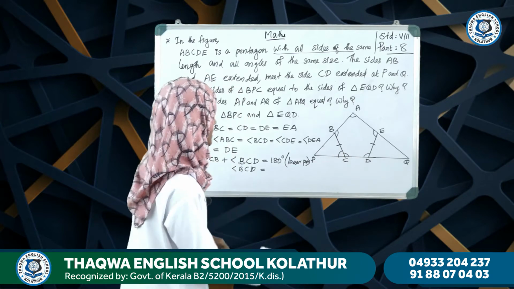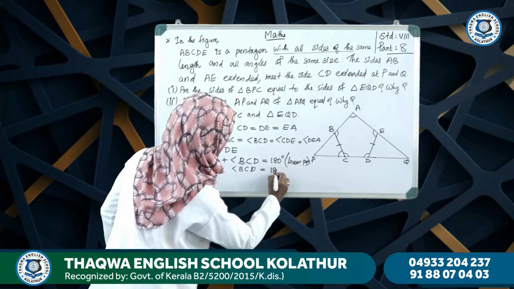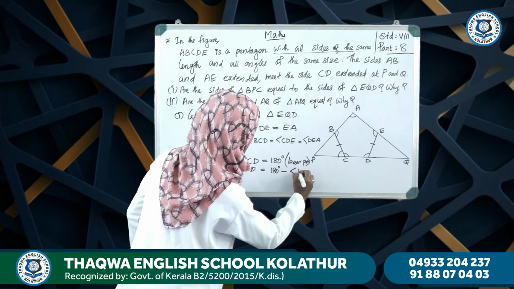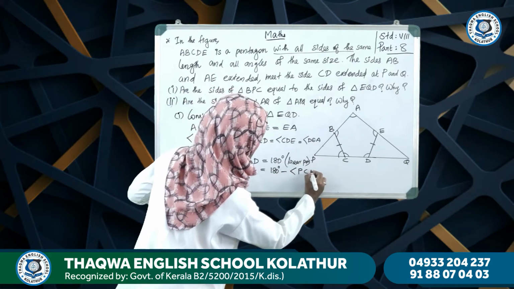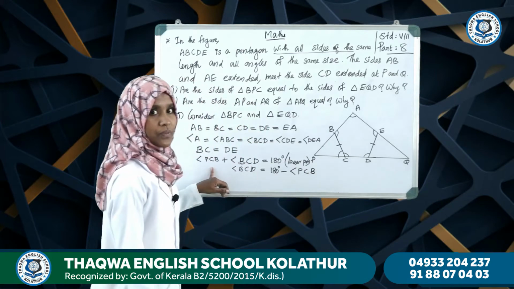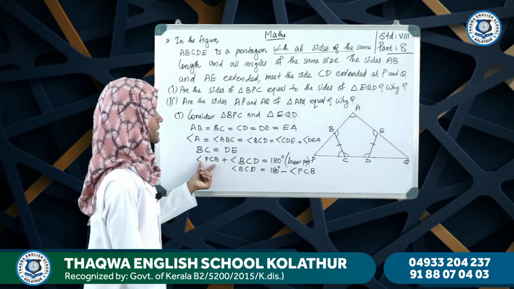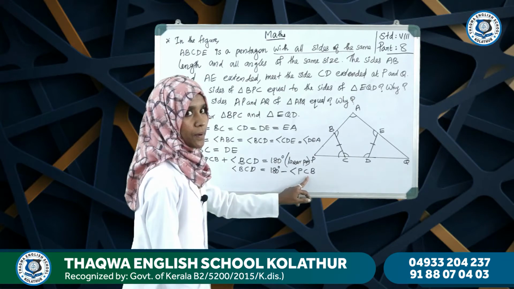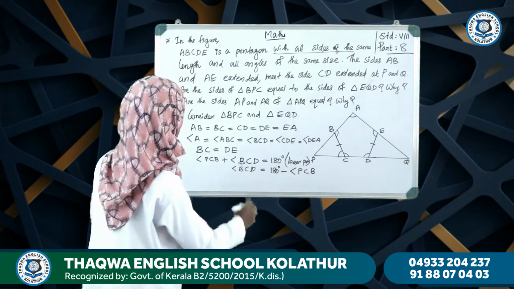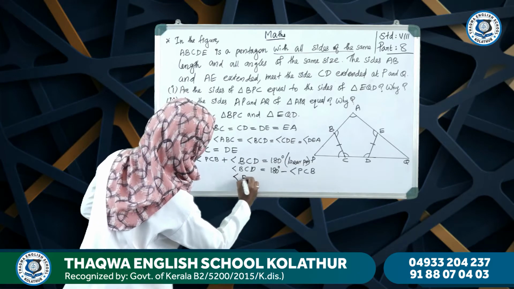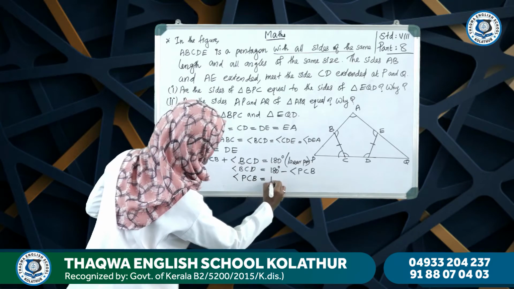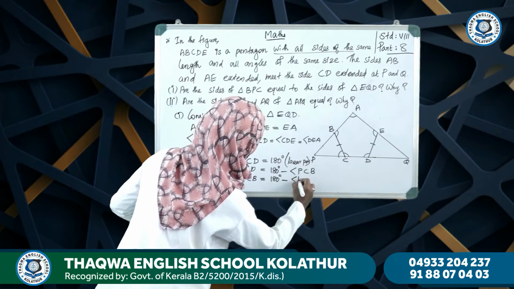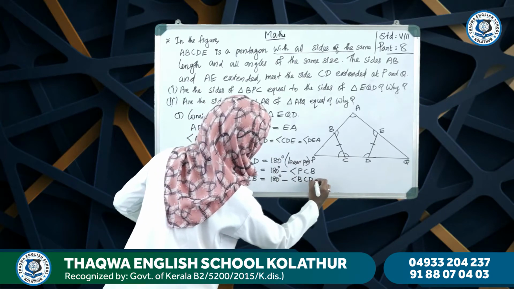From this we can write angle PCB equals 180 minus angle BCD.